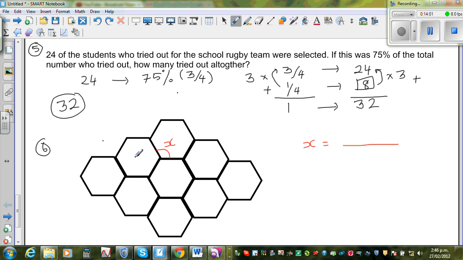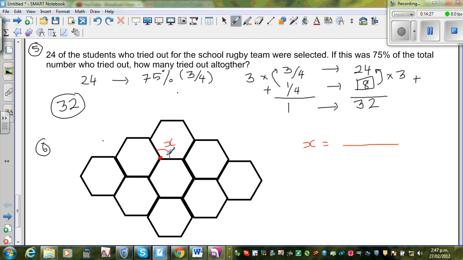Okay, now the final question. This is a set of hexagons. They all are together, so this is also called tessellation. These are all equal or congruent hexagons. So what's the measure of this angle? This is angles at a point.